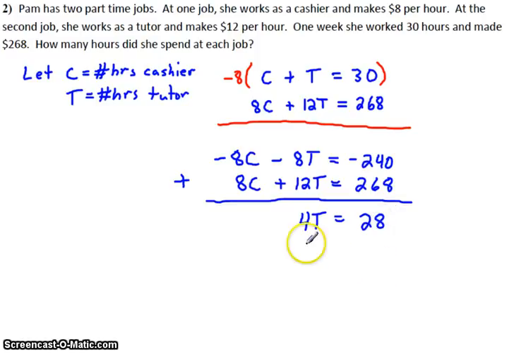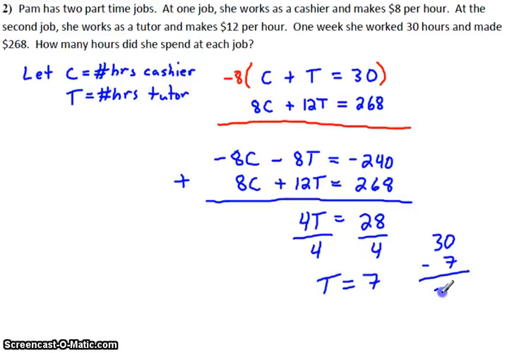This is actually really easy to solve from here. I just divide both sides by 4. And I get T is equal to 7. So she must have tutored 7 hours. And now that we know this, we know that she worked 30 hours in the 1 week. So 30 minus 7 from the tutoring is going to give us 23 for the cashier.